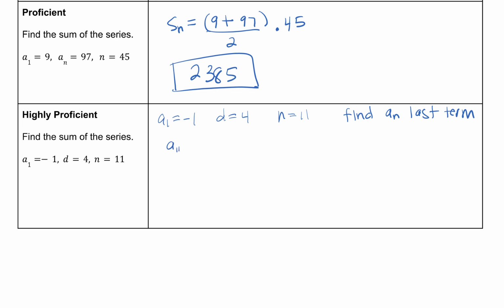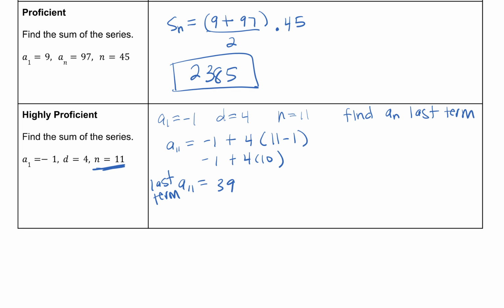So that equals the first term plus d times 11 minus 1. So negative 1 plus 4 times 10, that gives us the 11th term is 39, and this is also the last term because n was 11.